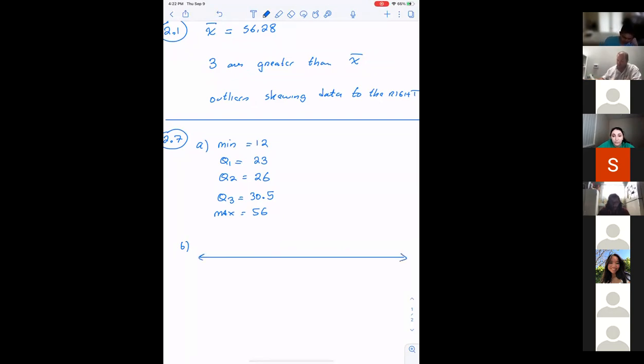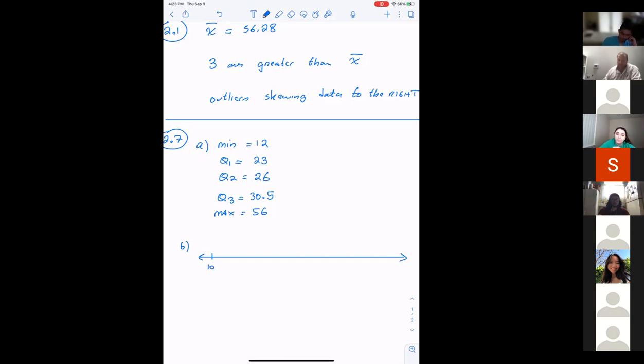Where should I start my number line at? What's a good place to start? Q2? Sorry, I can't hear you. No, you don't start the number line at Q2. Or is it the min? Well, I would do it slightly past the min. So I would start at 10, let's say.